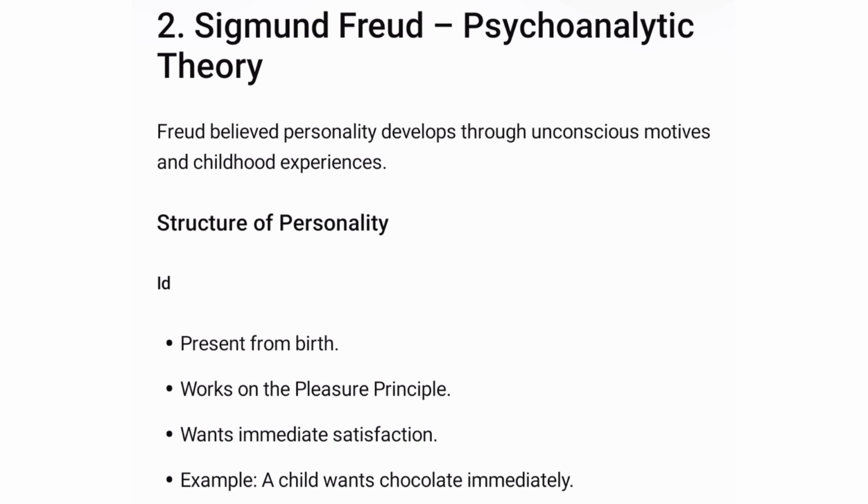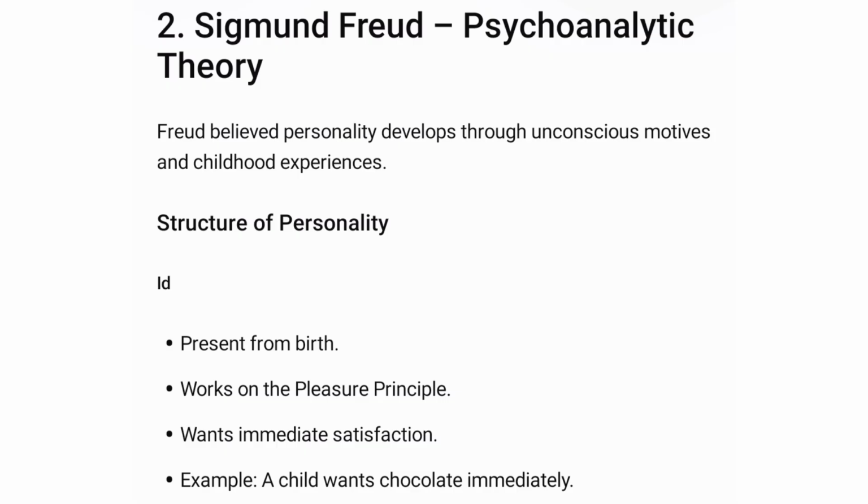Now we will see another theorist, Sigmund Freud, and psychoanalytic theory. Freud believed personality developed through unconscious motives and childhood experiences. Structure of personality. First, the id, present from birth, works on the pleasure principle and wants immediate satisfaction.